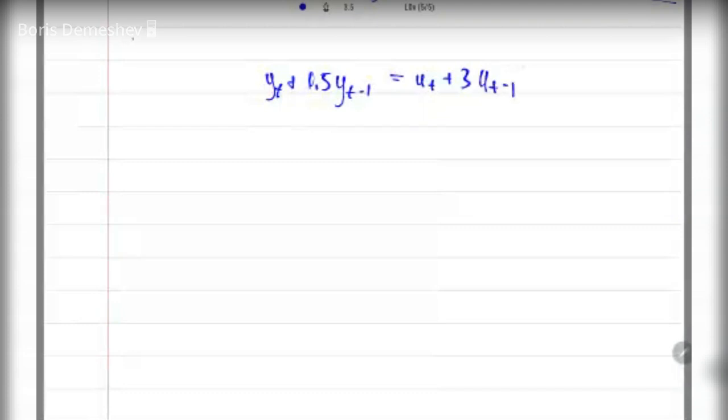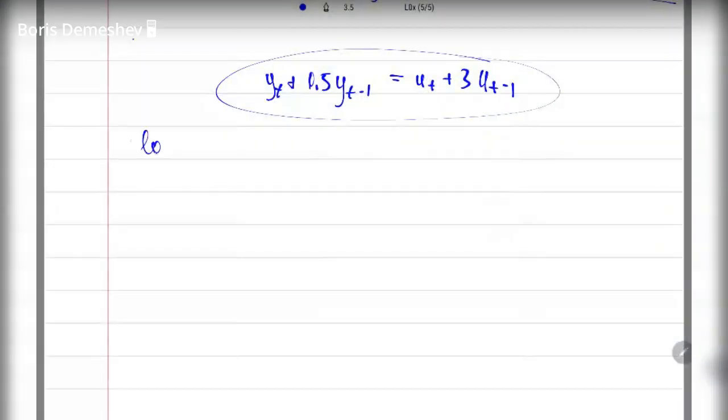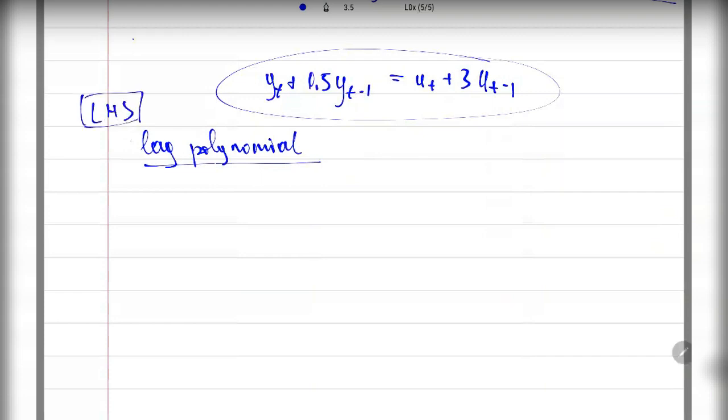And we have two lag polynomials linked to each side, to the left-hand side and to the right-hand side.